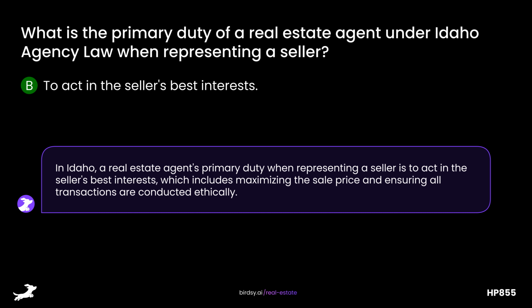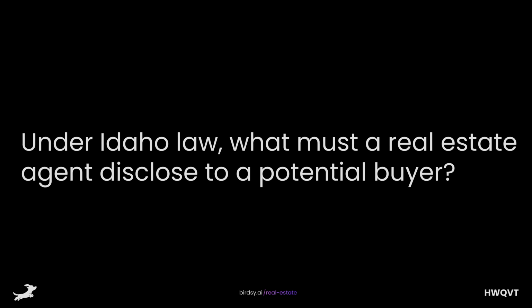In Idaho, a real estate agent's primary duty when representing a seller is to act in the seller's best interests, which includes maximizing the sale price and ensuring all transactions are conducted ethically. Under Idaho law, what must a real estate agent disclose to a potential buyer?